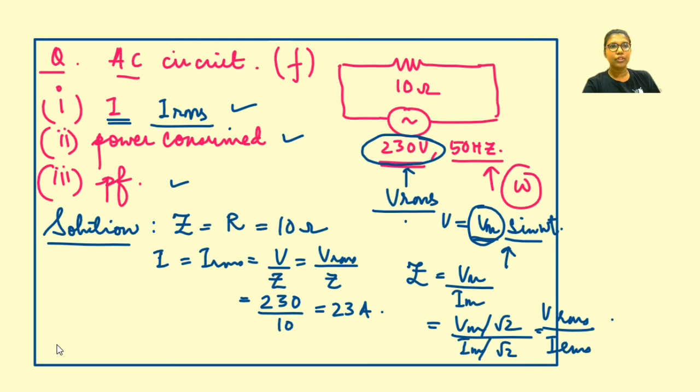Now moving on to another question. Now this question says there is an inductive coil. Since it's saying coil, that means we know that coil means it will have a small resistance in series with the inductor.